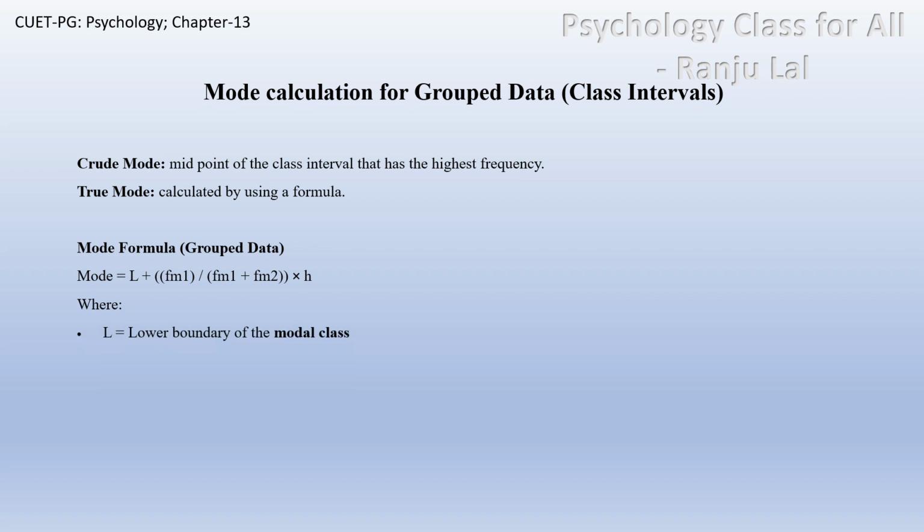F1 or Fm1 stands for the frequency of the class before the modal class. F2 or Fm2 stands for the frequency of the class after the modal class. H or I stands for the size or width of the class interval.